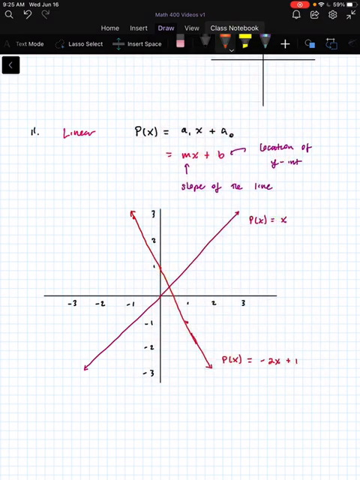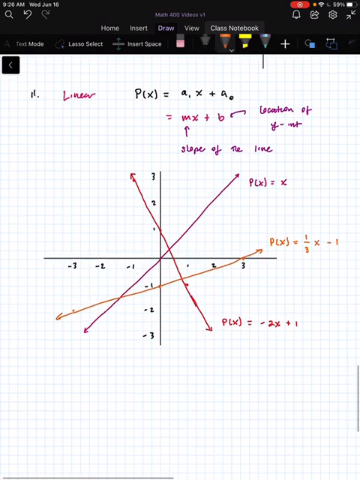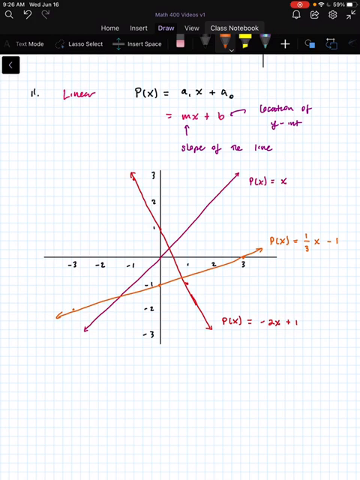Okay, let's do one more. This line here is the graph of p of x equals 1/3 x minus 1. So that slope is positive, it's fractional, and the y-intercept is (0, negative 1).